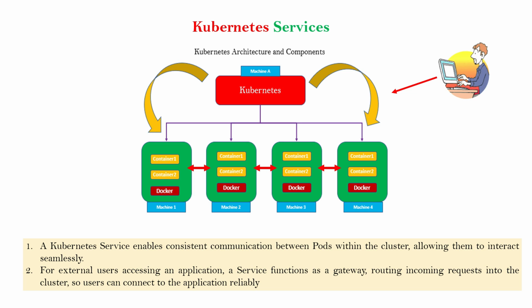Then users can access the application with the help of the DNS of your load balancer. Similarly, if users access applications from outside your Kubernetes network, we define services, and with their help clients can access the applications deployed in the Kubernetes cluster. So this is the high-level overview of services.